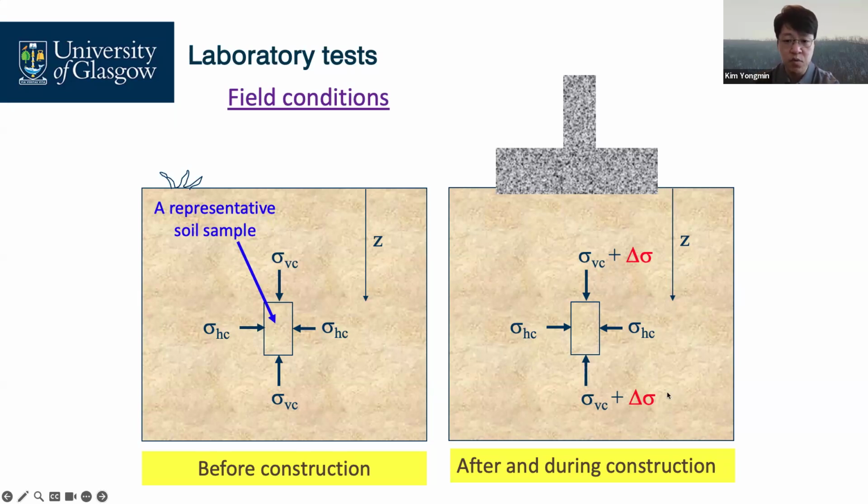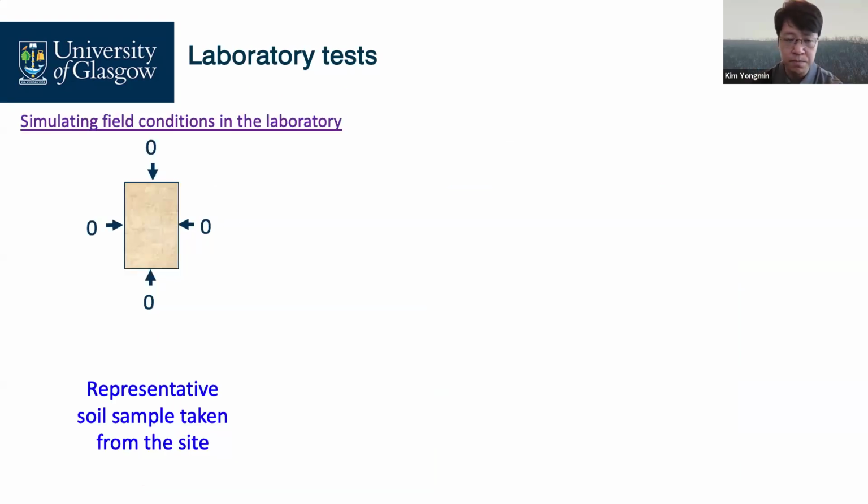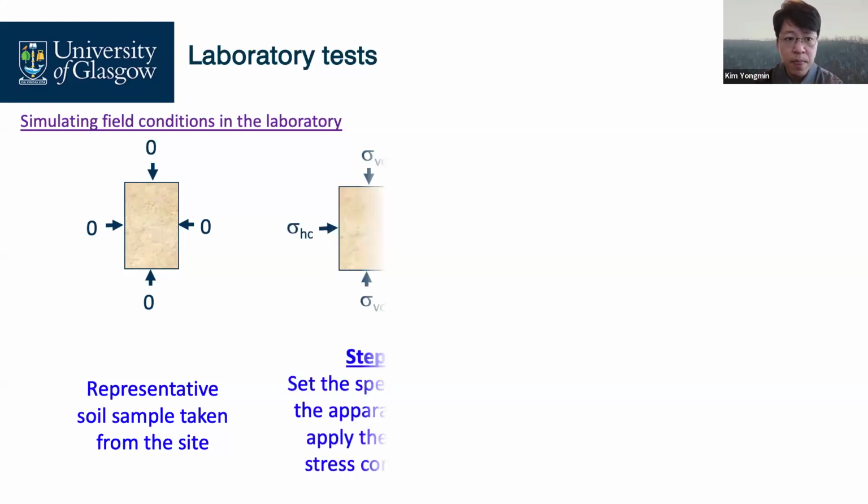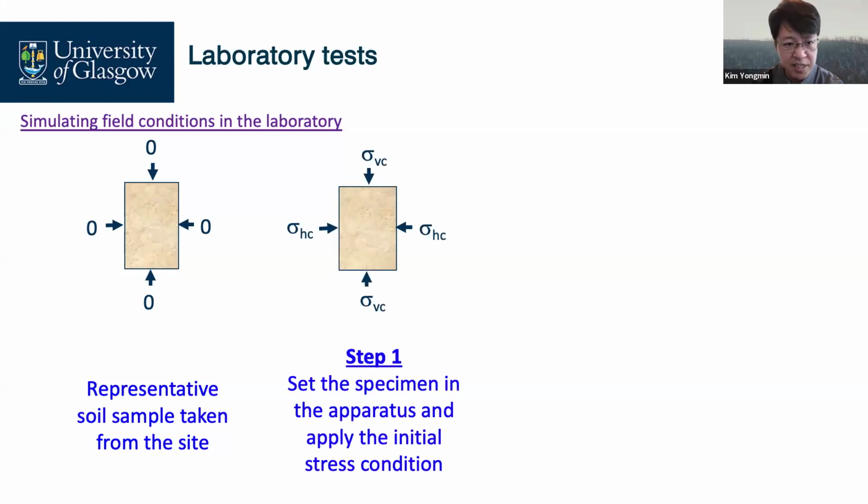This is the way we simulate the stress conditions in the lab. Mostly, this is the soil sample in the lab, zero confining pressure at the moment. Then we simulate initial geostatic pressures, vertical stress and horizontal stress.